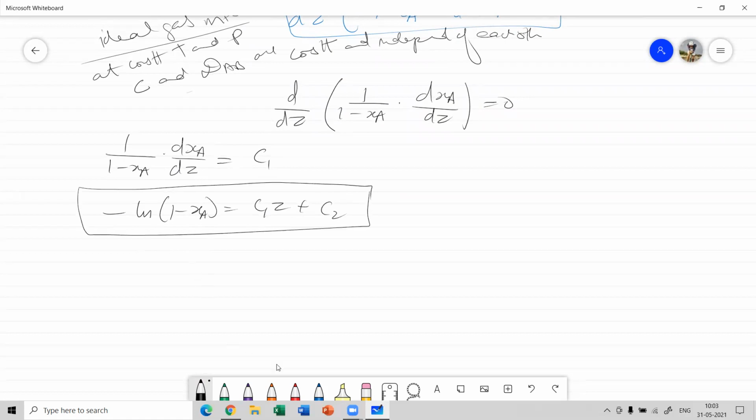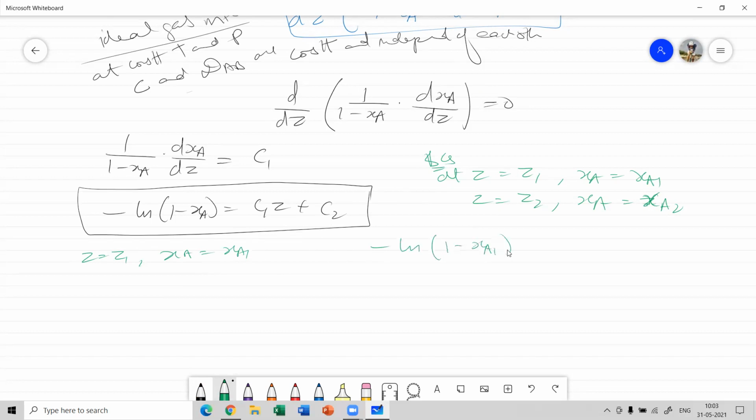So this we have. Now let's look at the boundary conditions for this particular problem. At z equal to z1, let's say the mole fraction of A is x_A1. At z equal to z2, the mole fraction x_A is x_A2. So we'll put the boundary conditions in here to get the values of C1 and C2. Using z equal to z1, x_A equal to x_A1, we have minus ln(1 minus x_A1) equal to C1 z1 plus C2.